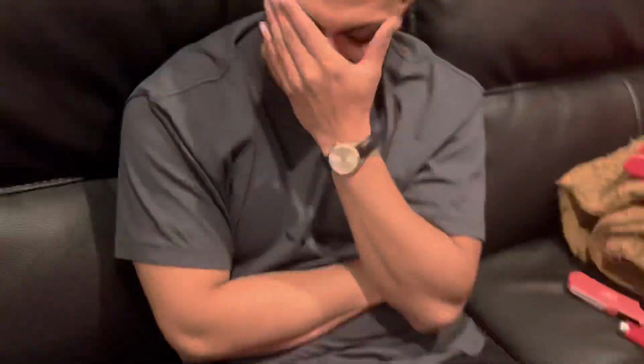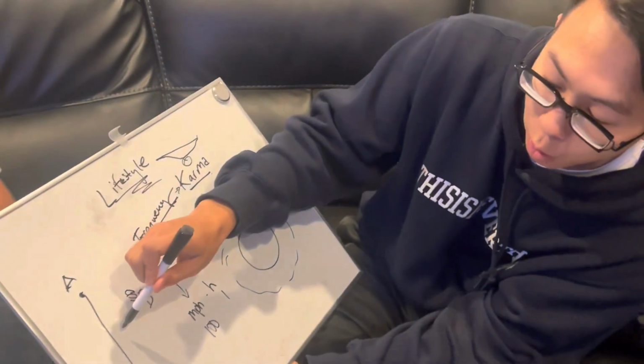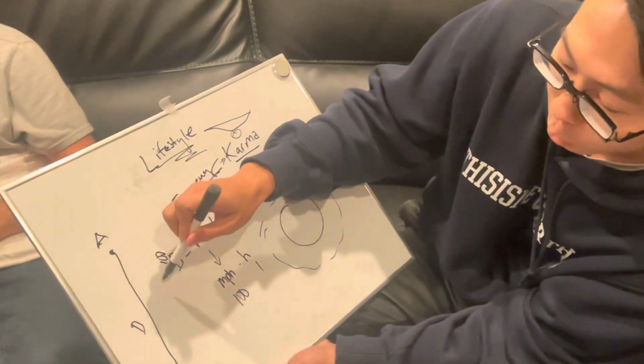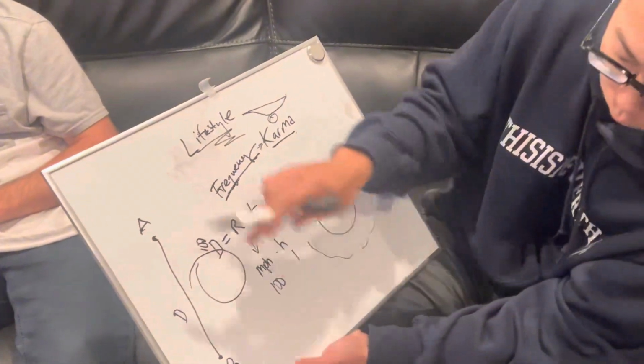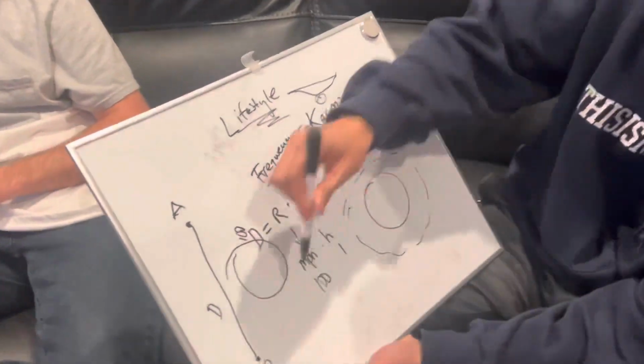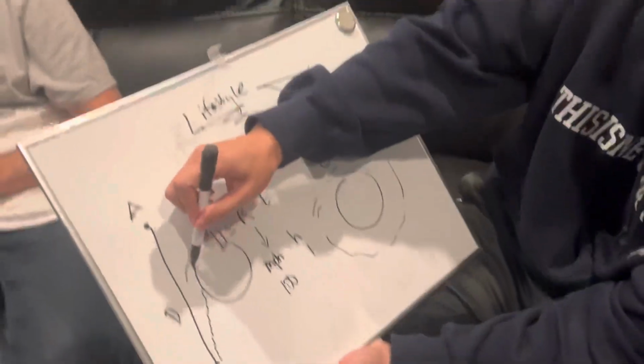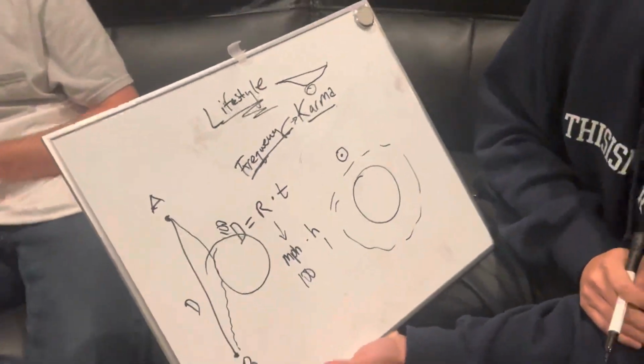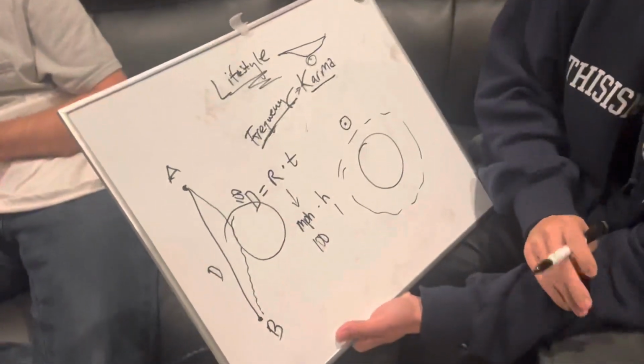When there's a really large body of mass nearby, the path you're heading, space shifts. So now instead of a straight line, you think you're going in a straight line, but you're going this way.